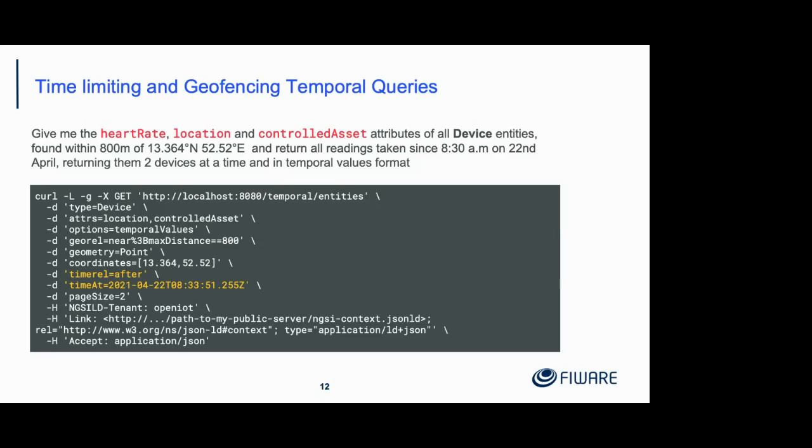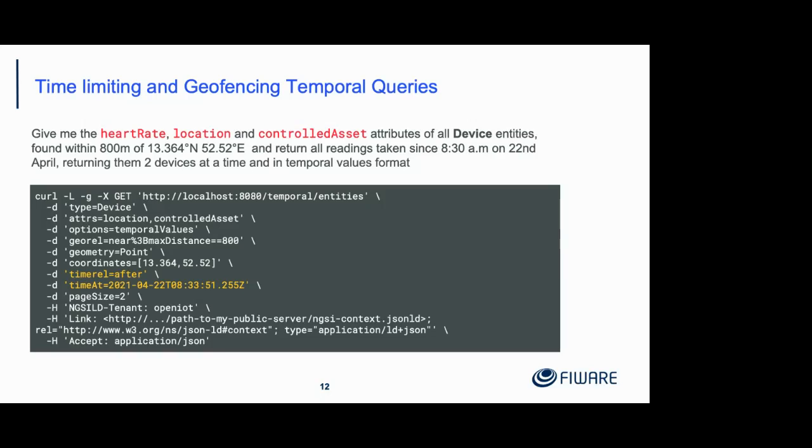The full request there in English is: give me the heart rate and location and controlled asset attributes of all devices found within 800 meters of this location, and return all readings between these two times, since this time, retrieving two at a time, and so on. So what have we got there? Obviously, we need to know the type of the entity. There is a /types endpoint, which means you can work out what these numbers are.